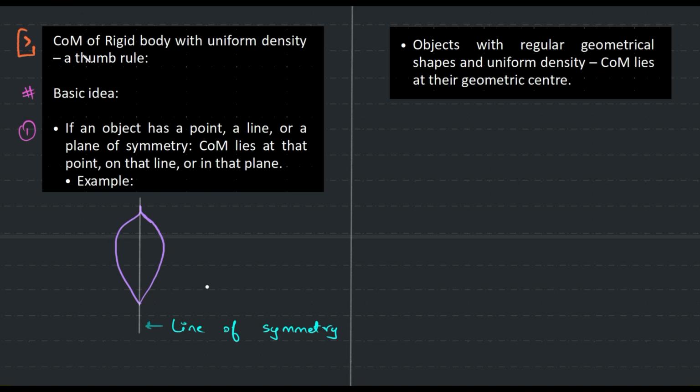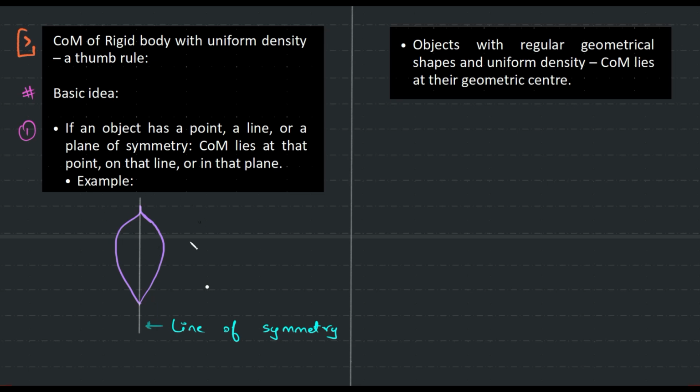One more example I can give is a kite. Actually, this is the shape of a kite. So if you have a kite, clearly this is not a line of symmetry, right? This is a line of symmetry. That is, if I fold it along this line, the structure will overlap. Is it not?